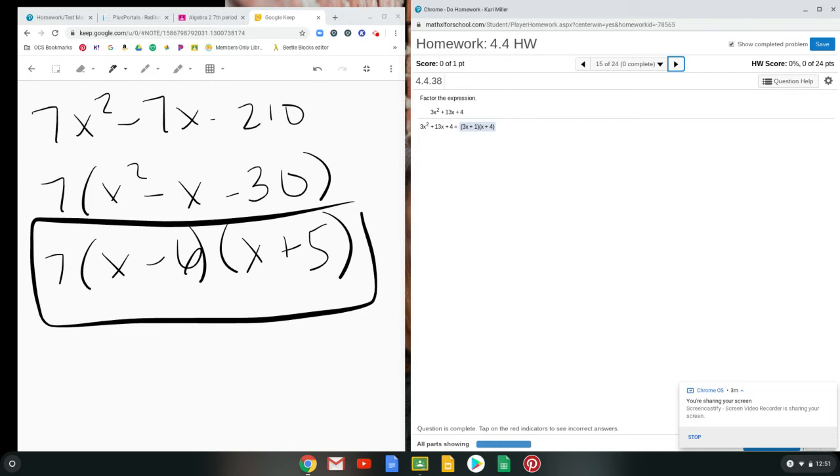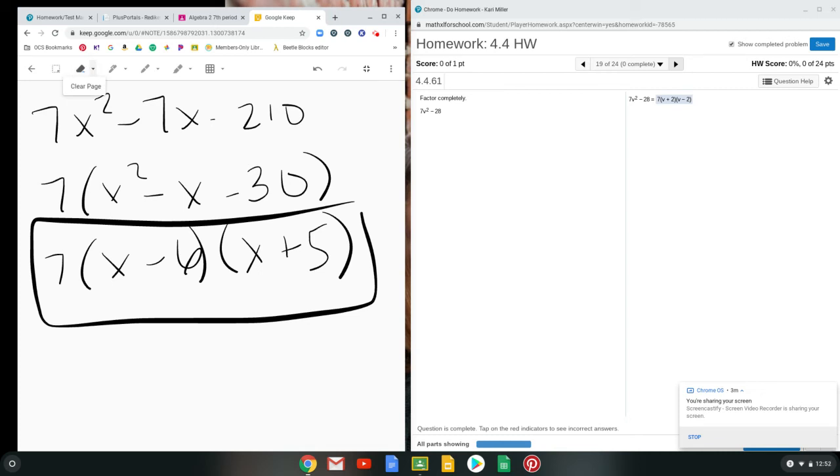All right, so let's scroll on through. That is just a guess and check. So you guess, and then you check by using FOIL. That also is a guess and check. Difference of squares. Okay, we're going to look at number 19.